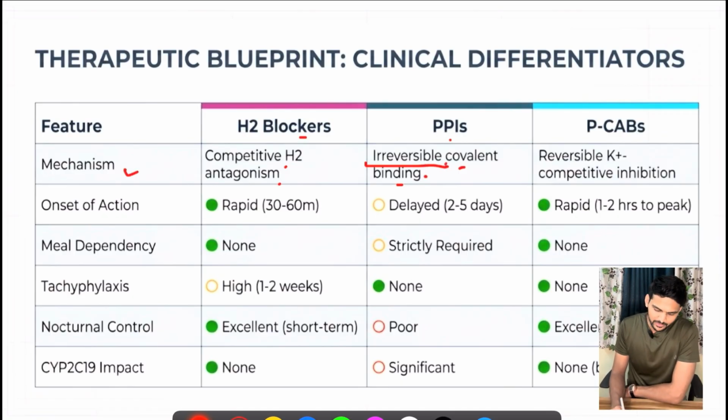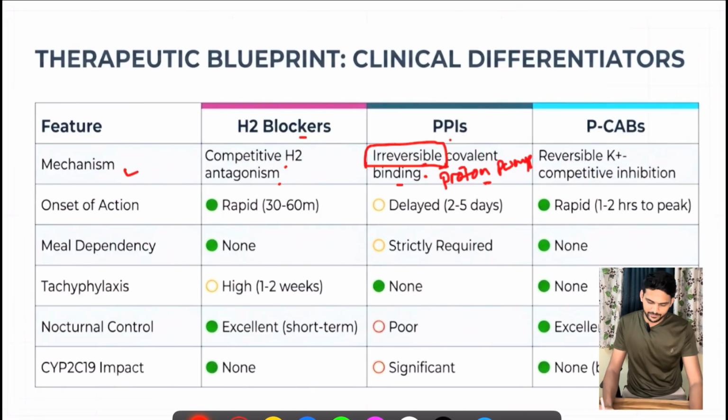Once they bind to the proton pumps and inactivate them, this action is irreversible, in the sense that unless new proton pumps are generated, which usually happens during night time and takes a minimum of 24 hours for regeneration of proton pumps, these medications will keep acting. That is the meaning of irreversible blockage. PCABs are reversible potassium competitive inhibitors. So this is the mechanism of action we have to know.